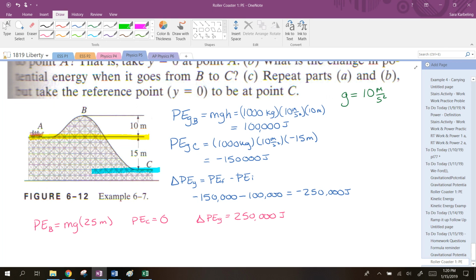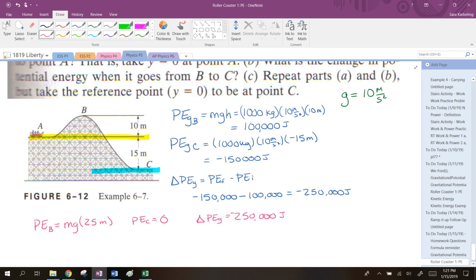Your change in potential energy every single time will be the same. Okay? That's the nice piece. But does it matter if it's negative or positive? This one is actually negative too. I just didn't write the negative sign, because the final is 0. So 0 minus negative 250,000.